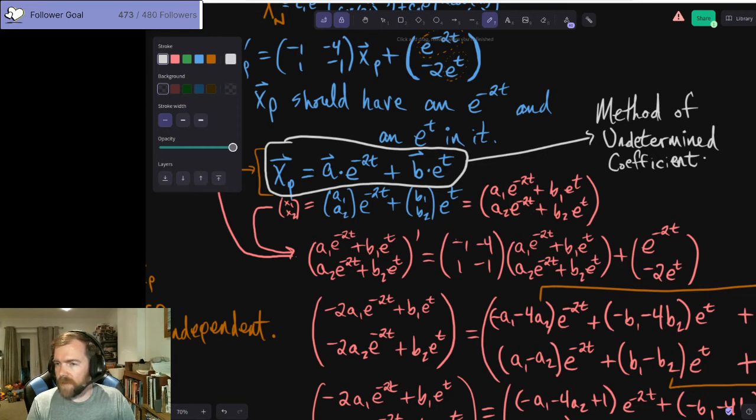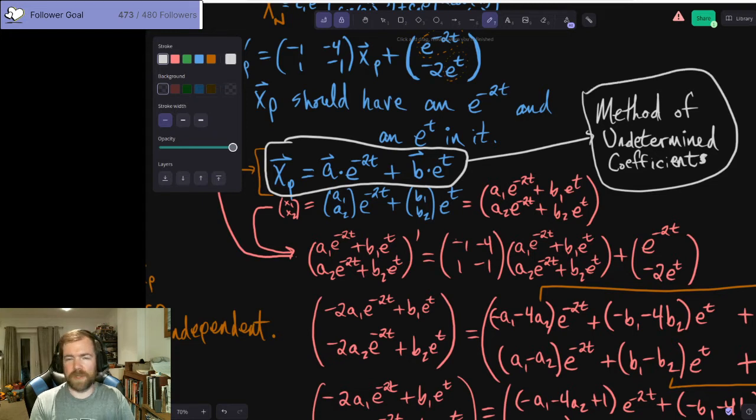So using the method of undetermined coefficients, or inspired guessing, we can say, I'm pretty sure that this is going to involve each of the pieces which are in this separate vector. Let's say each of those portions has its own constant vector, and then find out what those vectors would have to be.